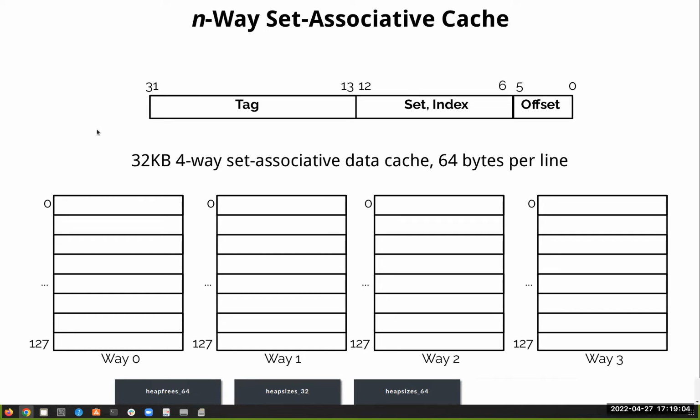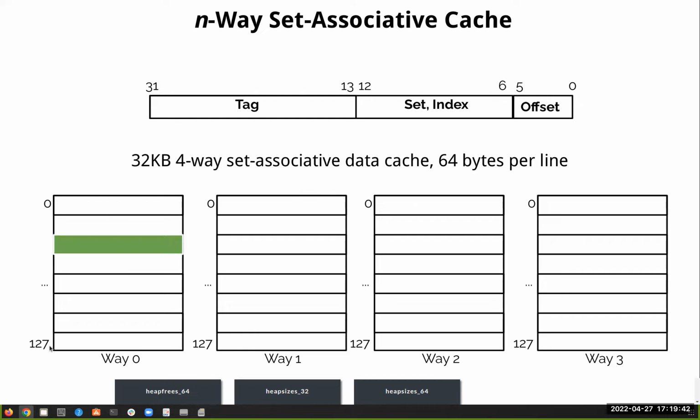With 4 ways, you can think there are 4 bags of cache. Added together we have 32 kilobytes, so each of these is 8 kilobytes. Each of these bags we call a way. There are 4 ways. Then in each way, based on our calculation, we have 128 sets, labeled from 0 to 127.